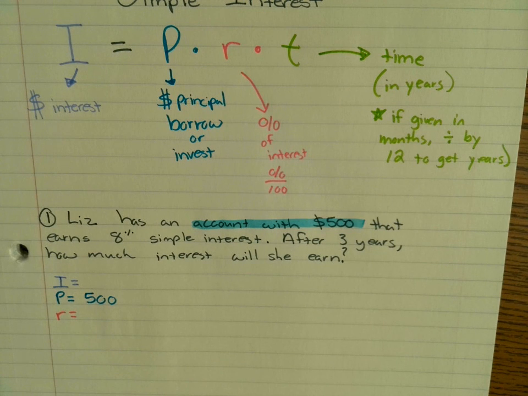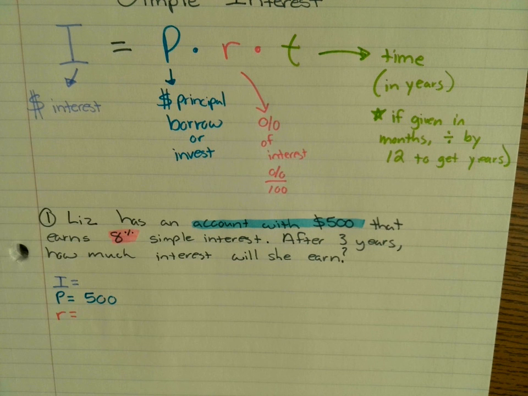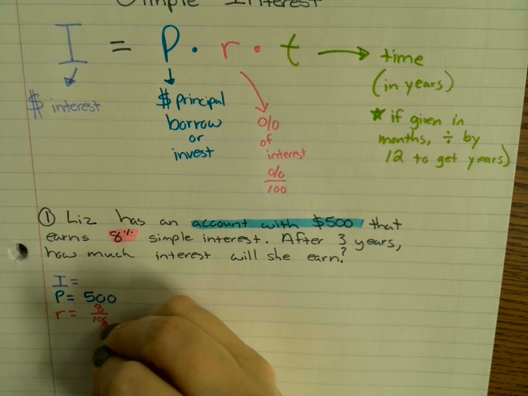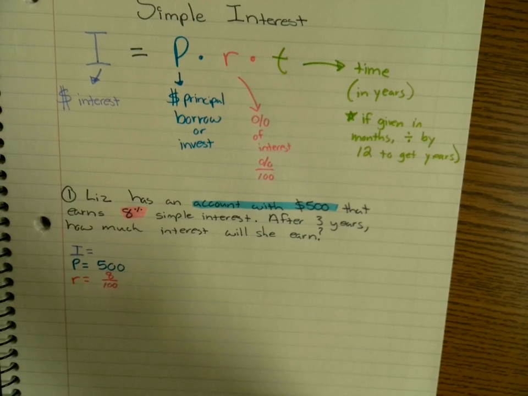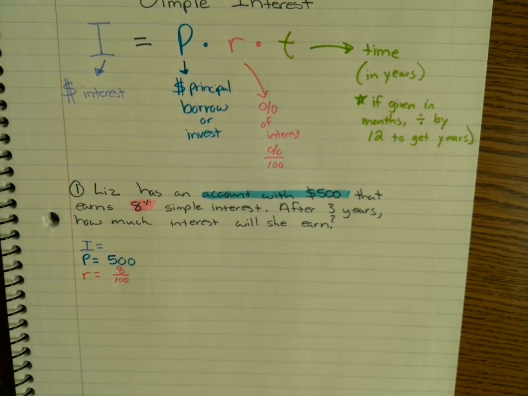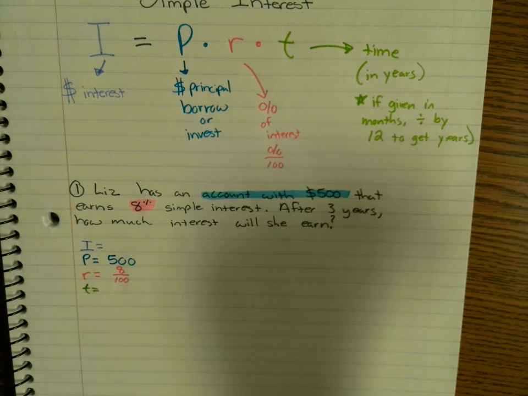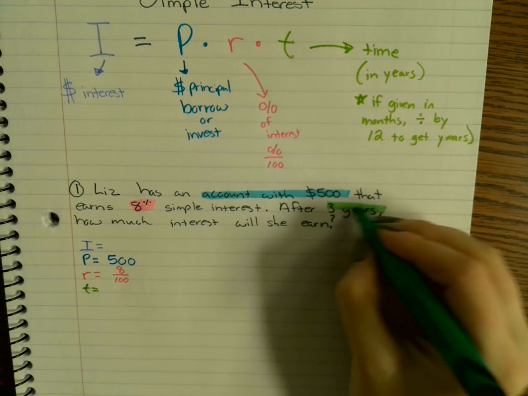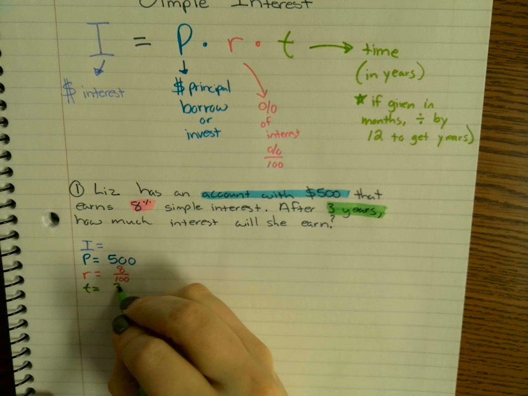Our percentage is 8%, so I'm going to put 8 over 100. That's my rate. T has to be in years. Here we've got 3 years, so we're going to put 3.